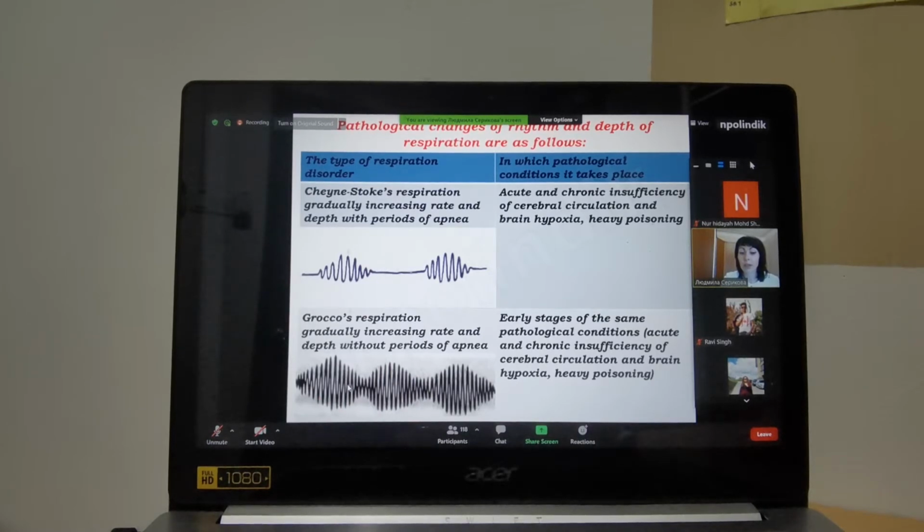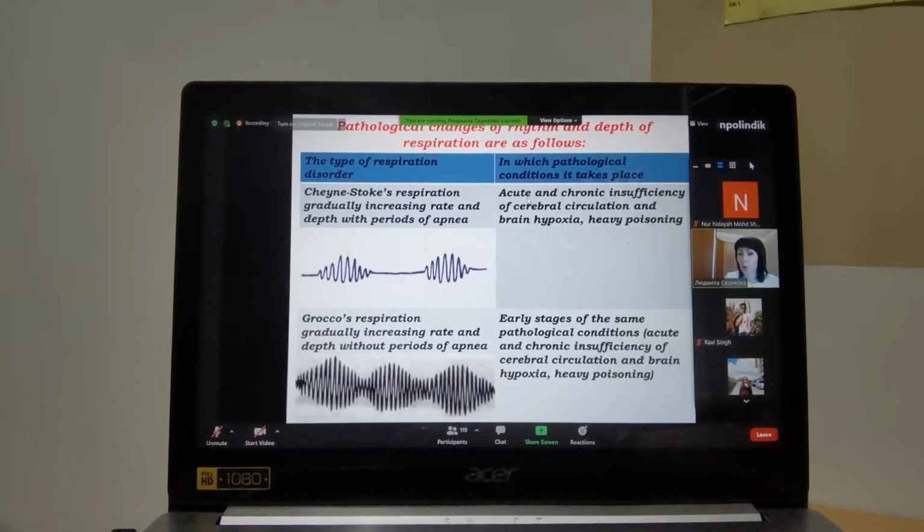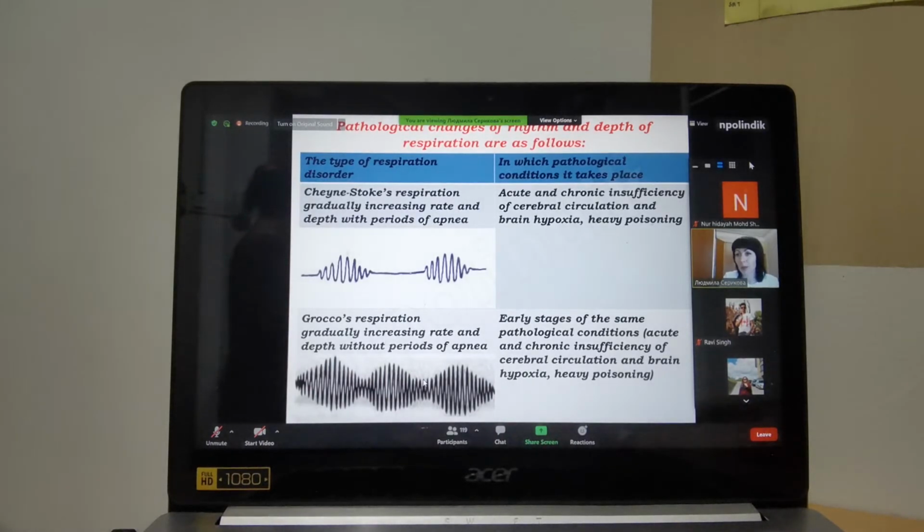After that, again more superficial, and it will be like waves: increase in depth, decrease in depth of respiration. In early stages of conditions such as acute or chronic insufficiency of cerebral circulation and brain hypoxia, you can have Grocco respiration. After that, it will be Cheyne-Stokes, like a stage.